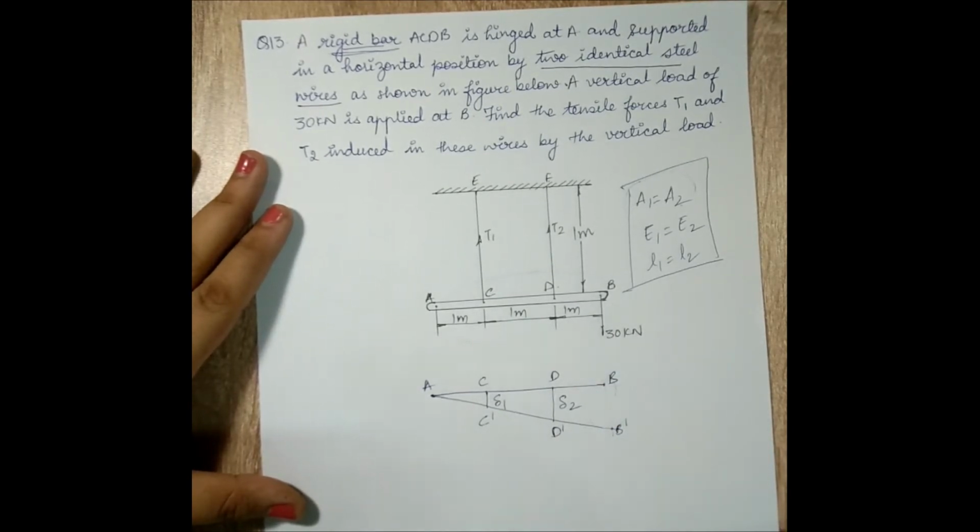So if you look at this figure, this is actually a similar triangle and this rigid bar is given, so it will deflect very much linearly. So here I am going to use the linearity theorem, that is delta 1 by delta 2. If you observe, this distance upon this distance will be equal to AC upon AD.